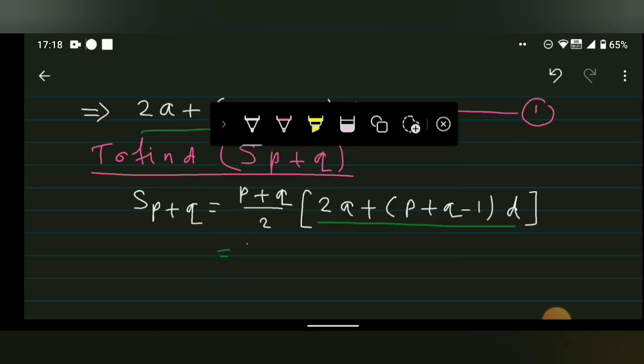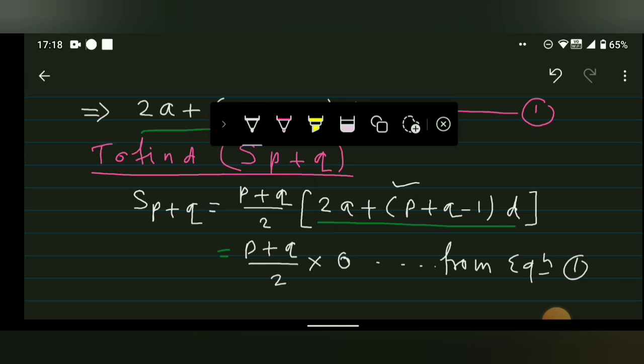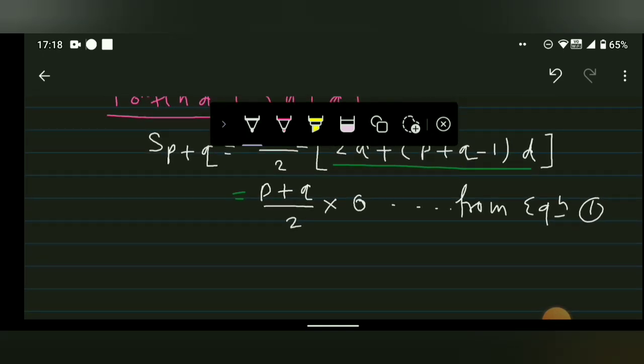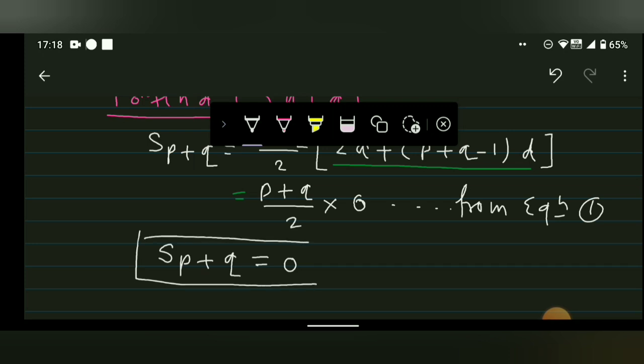That means (p plus q) upon 2 multiplied by this total bracket, and its value becomes 0 from equation 1. From equation 1 we can make its value 0. So we are getting finally that the sum of the first p plus q terms is equal to 0, and that is what we required to prove.